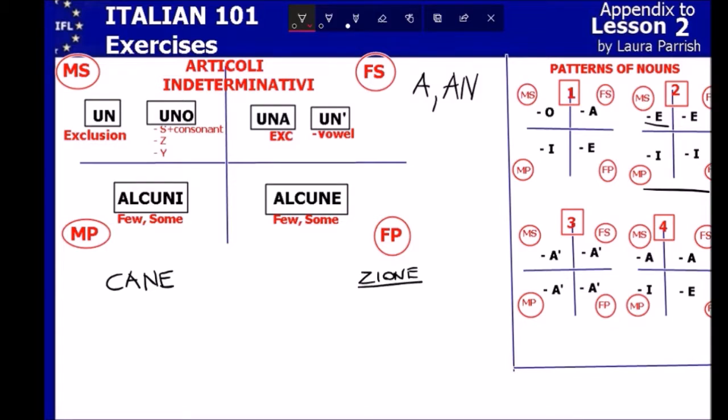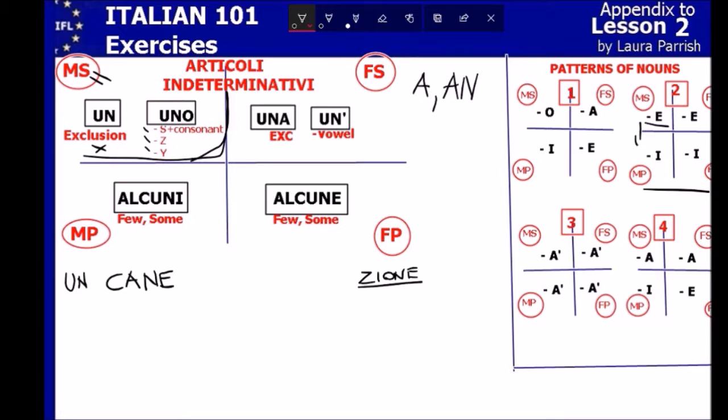So cane is masculine singular, so we go in this part, in this corner. So, does cane start with S plus consonant? No. Z? No. Why not? By exclusion it is this one. In fact, the right article is un cane. Let's make it plural. How do you make it plural?